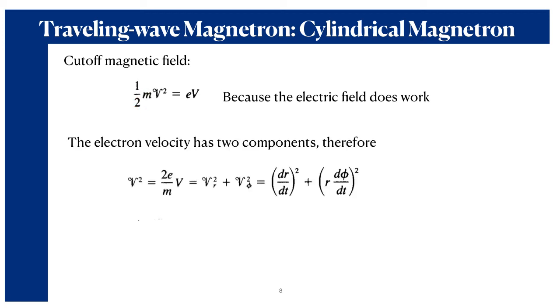We have seen in my earlier slide that the electron velocity has two components when it is in circular motion. One is the linear component along the radial direction, and the other is along the curved direction.